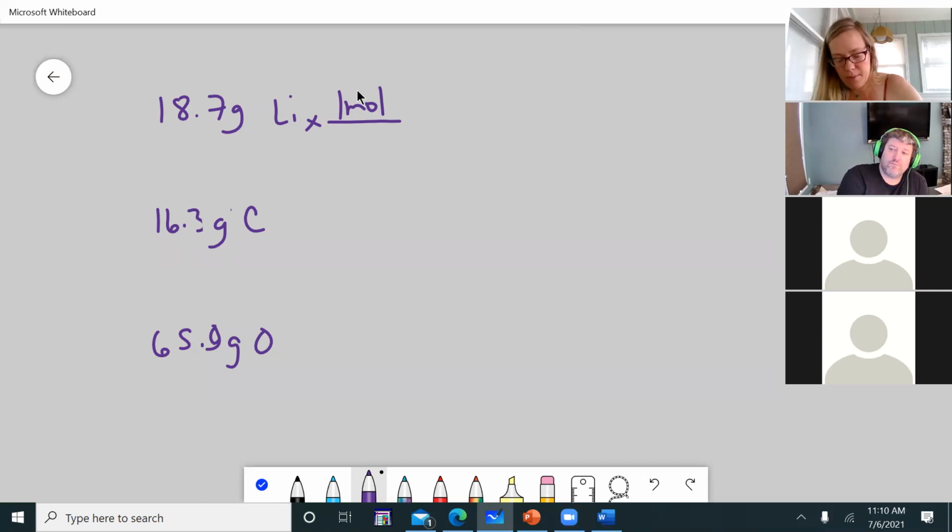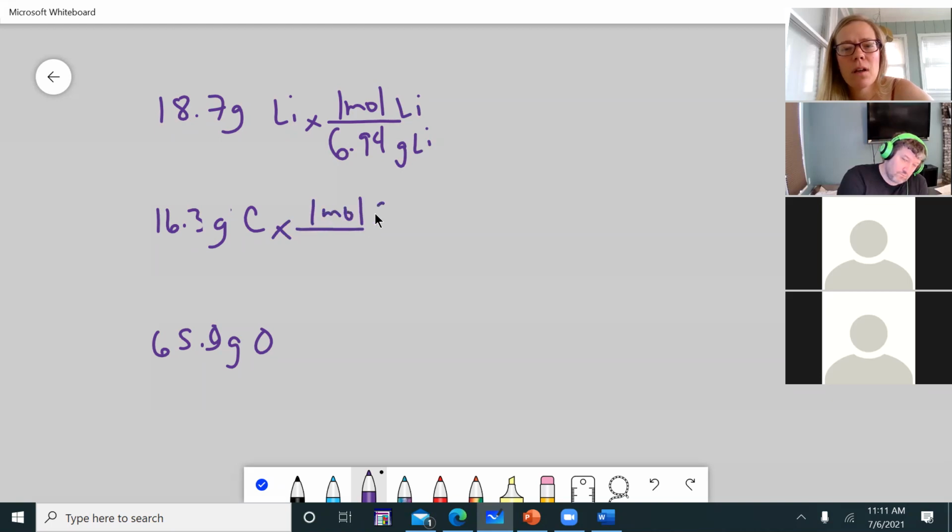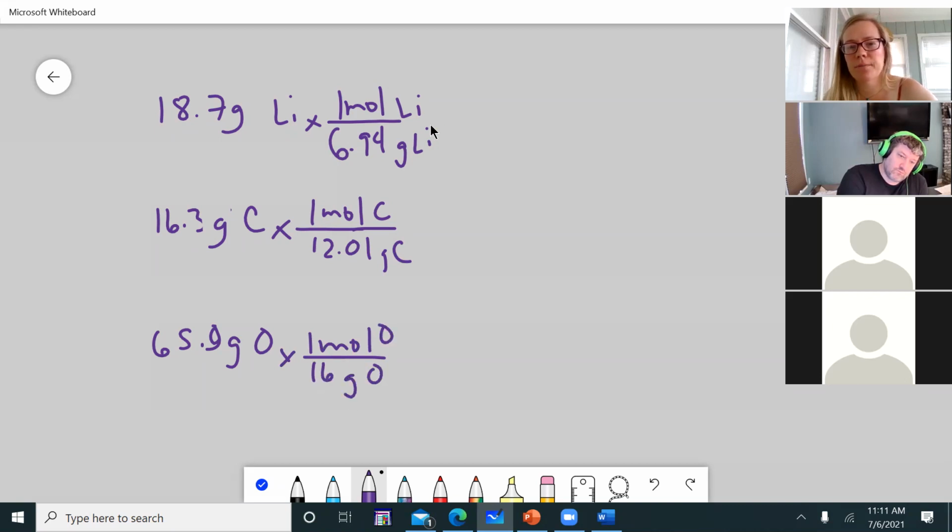Some of them I have memorized; lithium I don't use quite as much as the other guys. 6.94 grams of lithium. Carbon, 1 mole of carbon, 12.01 grams of carbon. And then 1 mole of oxygen, 16 grams of oxygen.